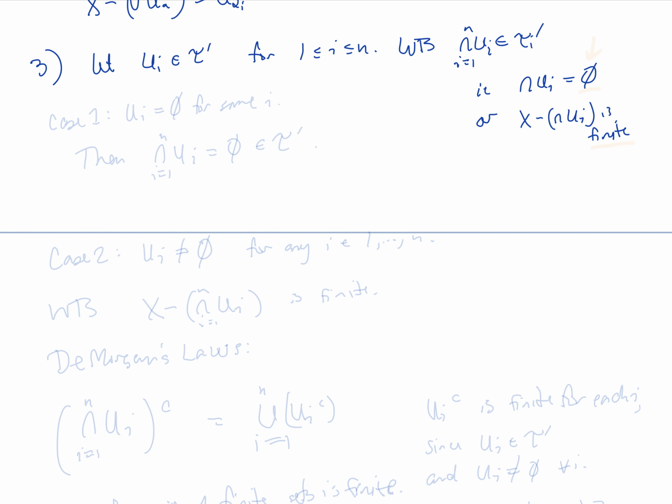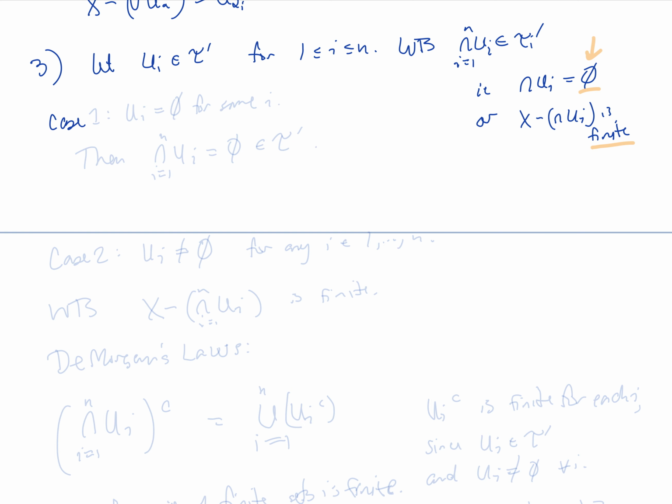So again, we're going to get a weird case out of the way where one of the sets is equal to the empty set. Why do we have this case in this particular situation? This will not always be the strange case for showing any collection is a topology. Here it just is because tau prime are sets that are either the empty set or have a finite complement.